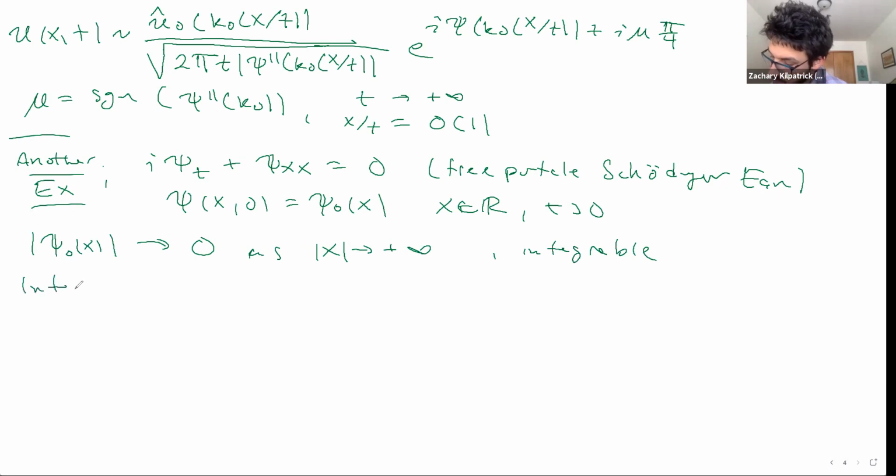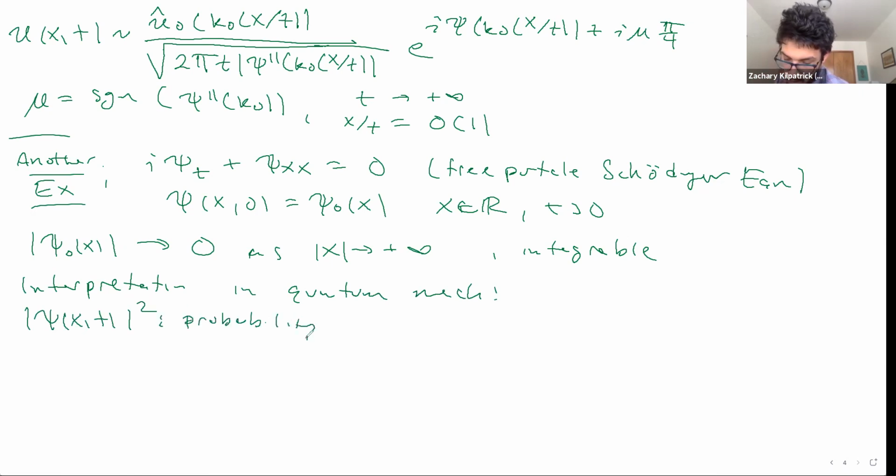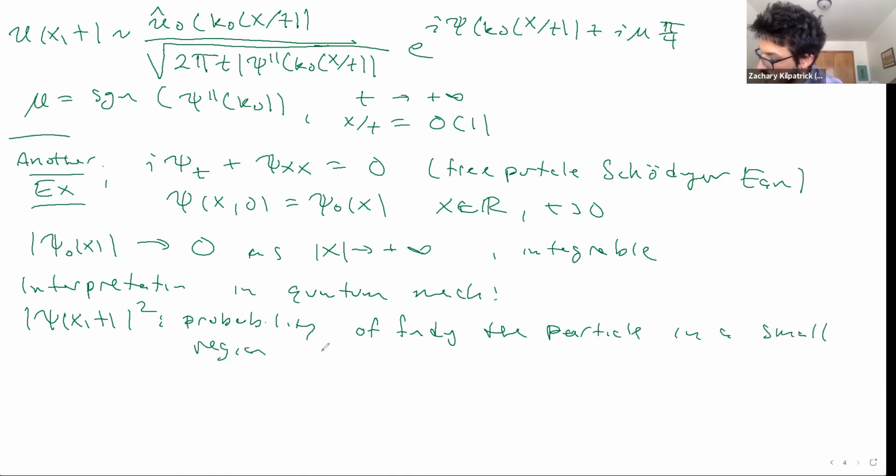The interpretation in quantum mechanics is that psi of x,t squared is going to be the probability of finding the particle in a small region around x.